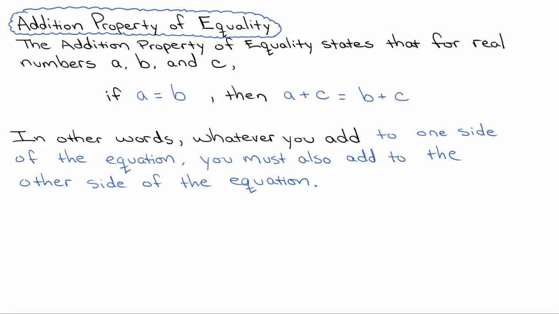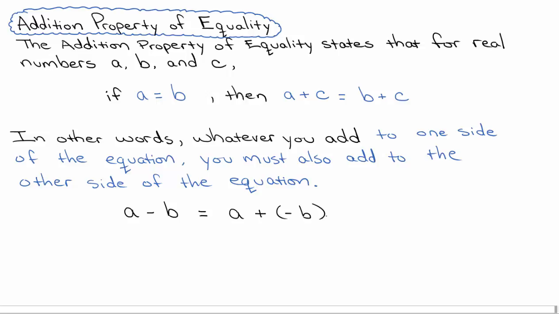Now I know you're thinking addition, that means we can only add the same thing to both sides, but remember that we can also do this with subtraction. When we have subtraction, for example, a minus b, this is equivalent to a plus a negative b.